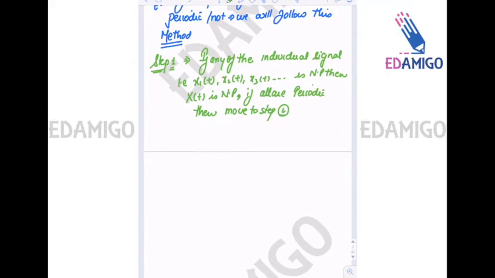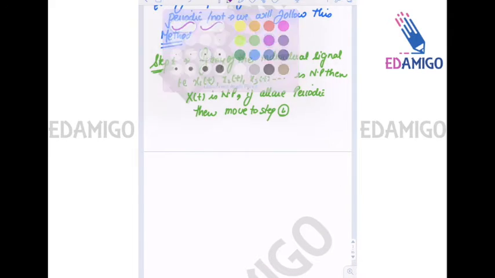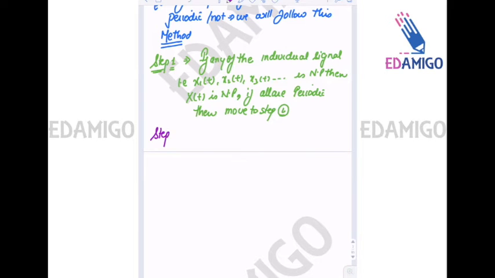Okay, now let me write step 2. Now if any of the individual signals is DC, DC means it's a constant, then neglect that signal.